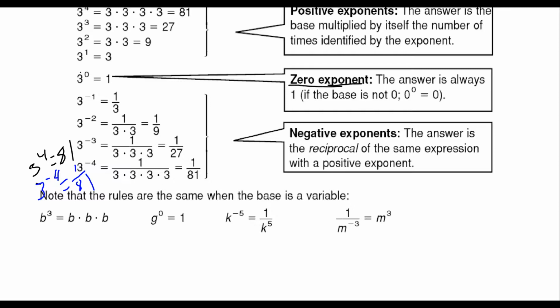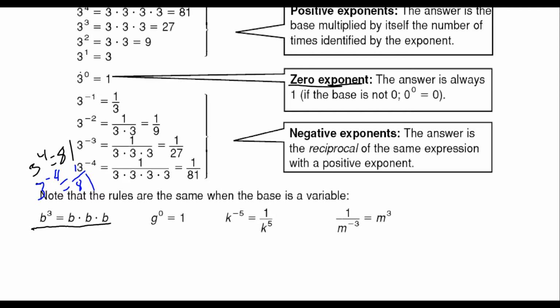Now, note that the rules are the same when the base is a variable. Okay, just some helpful little things right here. So b to the third is the same thing as saying b times b times b. G to the 0, same thing that we said right up here. Okay, that the answer is always going to be 1 when we raise something to the 0 power.